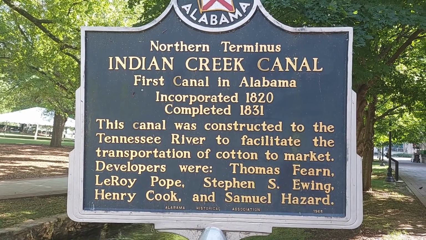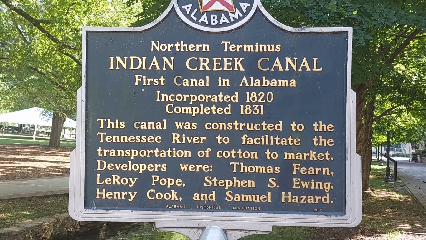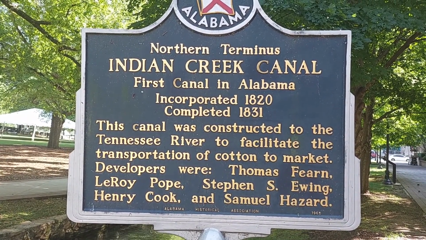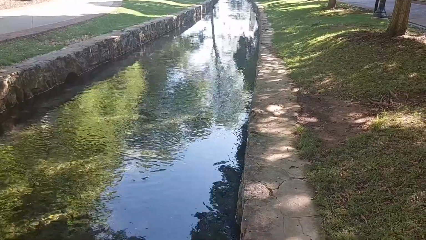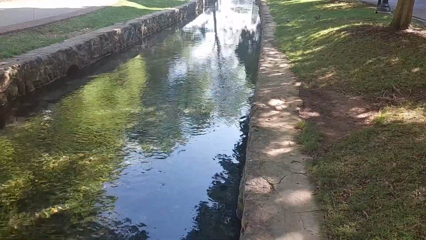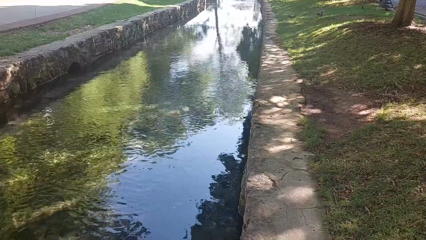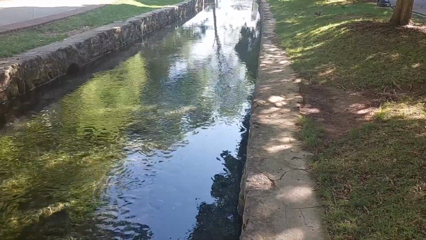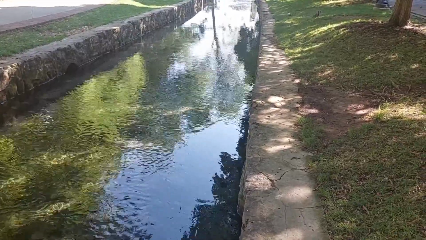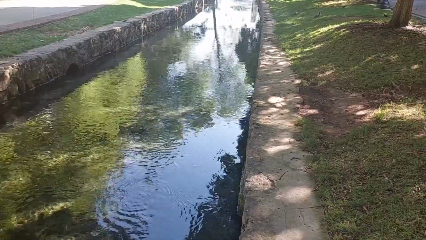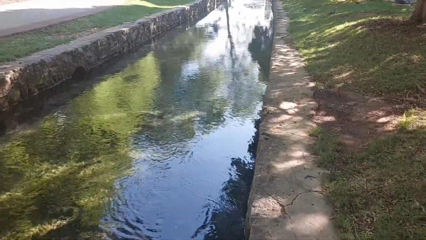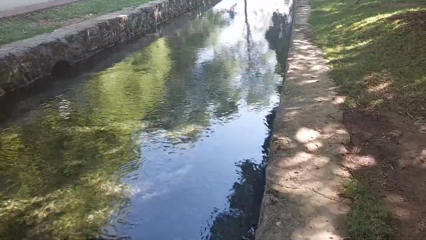And just to show that a canal was built here, here's a plaque. People modified the environment by building a canal, making use of the spring, in which a lot of water would flow through here, and people would use this canal to ship cotton on boats.